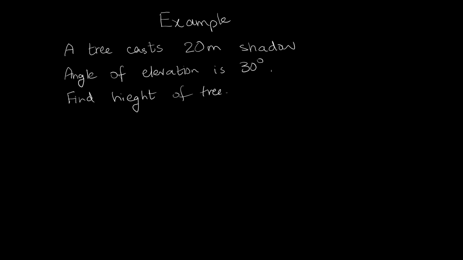So for these type of questions, just quickly draw a diagram. You may not make a beautiful tree if you don't have time, but just draw a line for the tree, and you need to find this height. You know the shadow is 20 meters, so this shadow is 20, and you also have the angle of elevation. The angle of elevation is always measured from the down side, so it will be this angle.